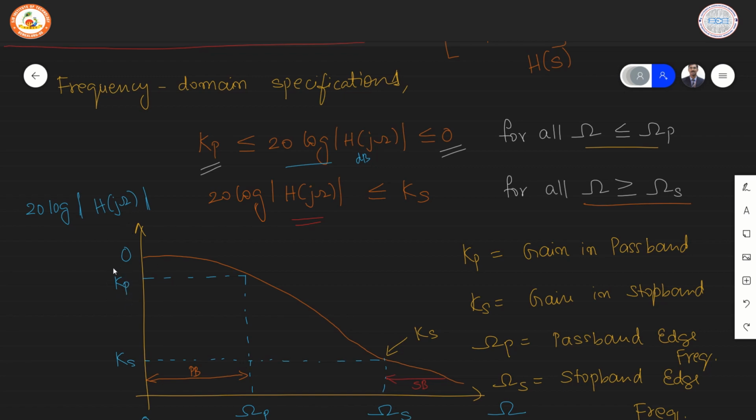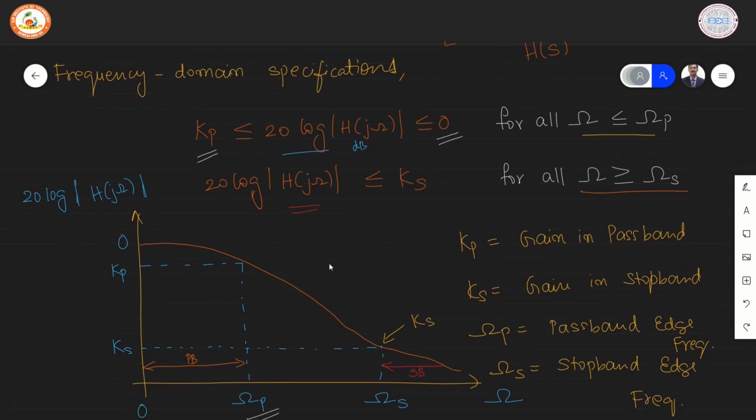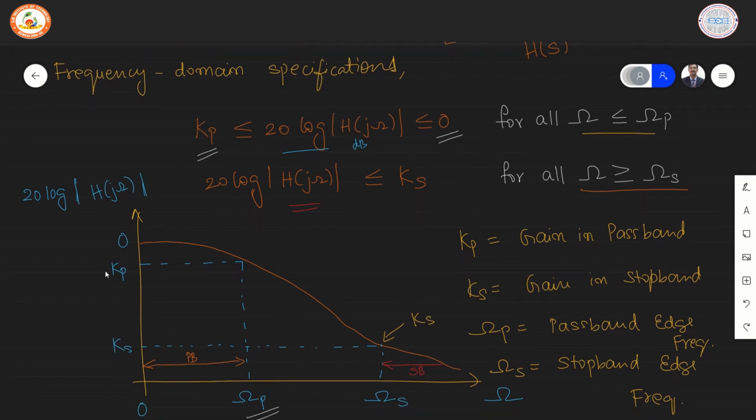Now, the gain at the passband edge frequency omega p is termed Kp. The gain at the stop band edge frequency omega s is called Ks. Therefore, mathematically, the range of values which lie in the passband are between 0 and Kp.